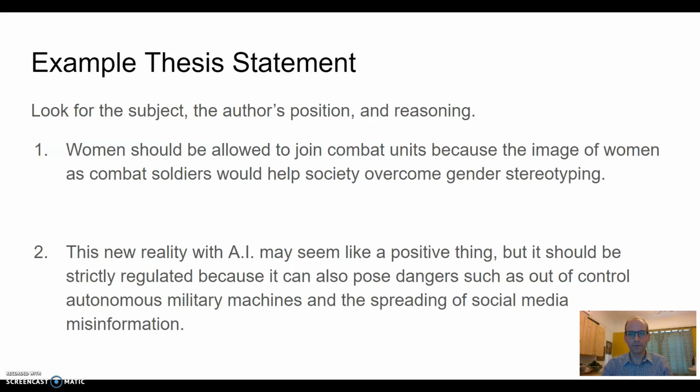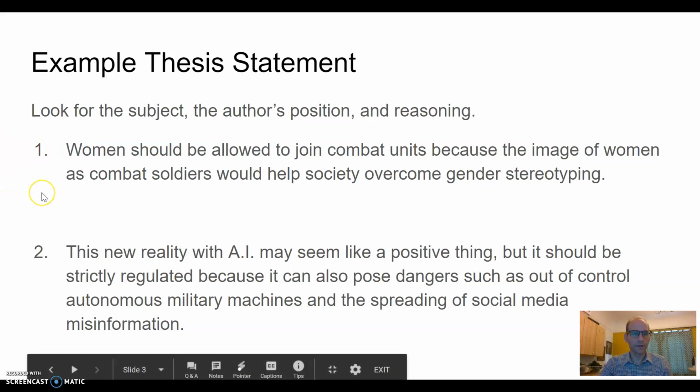You can go ahead and pause the video if you like to pick out those three elements in each sentence. Okay, and after you've reviewed those sentences, hopefully you're able to identify those three elements in each of the sentences. We're going to review them now together.